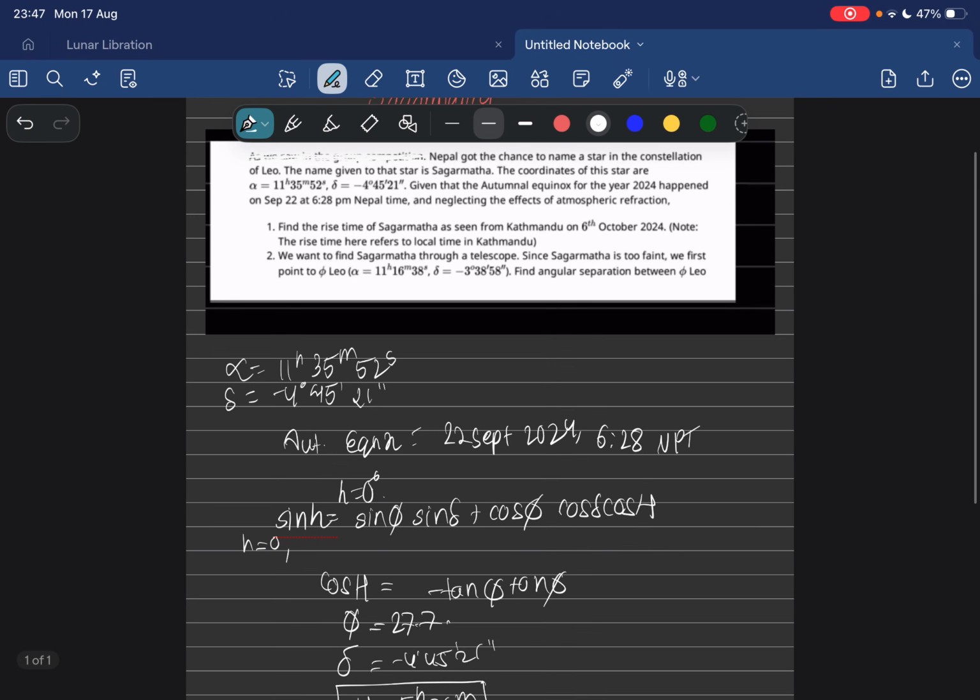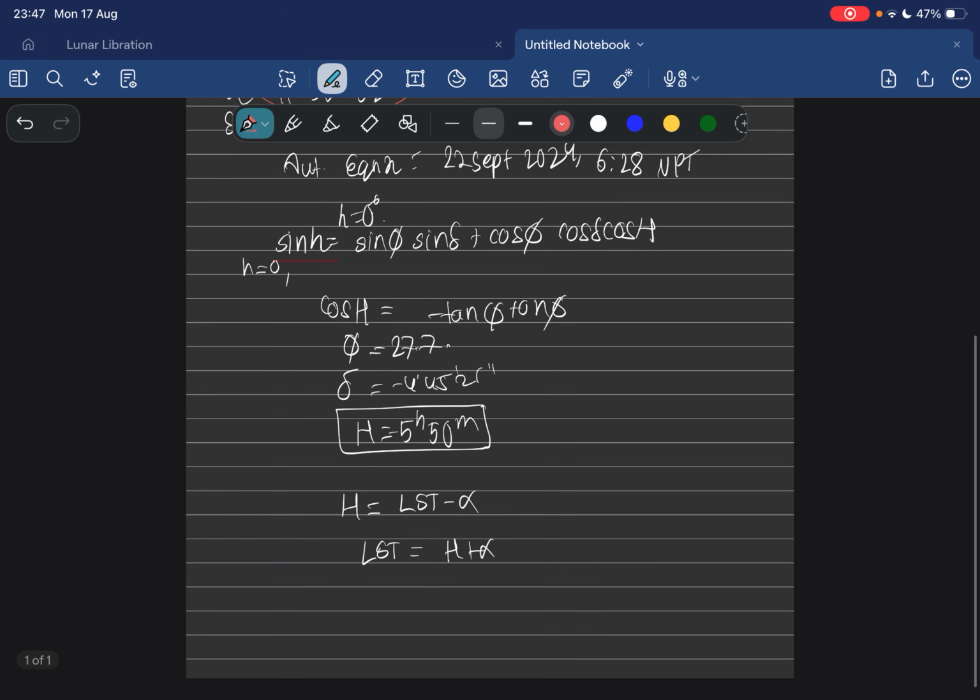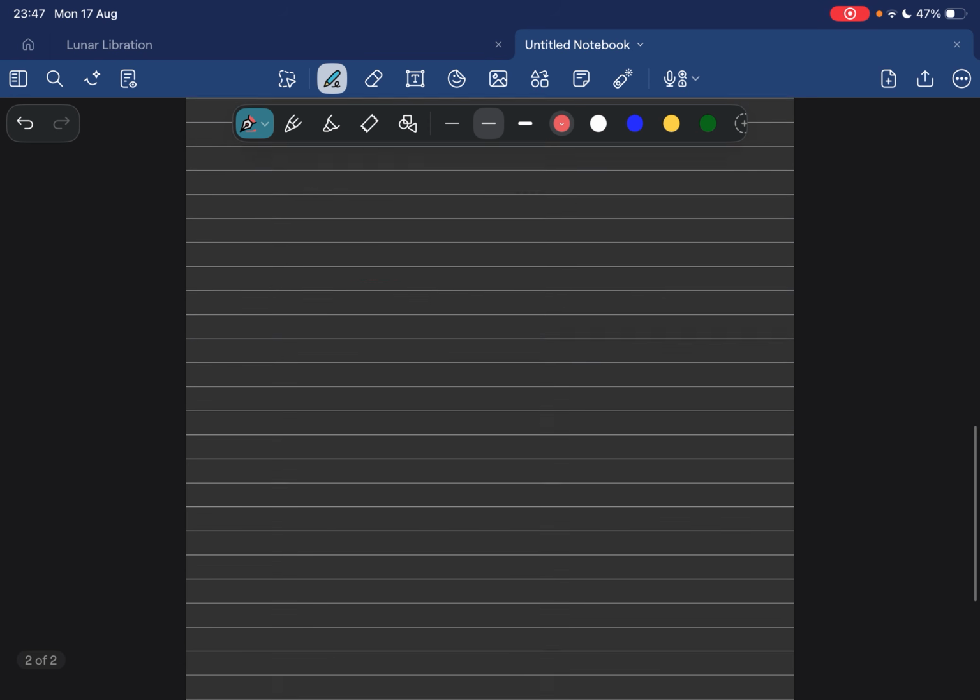So RA we have been given as this. When you add it, you will get 5 hour 45 minute and 53 seconds. So Sagarmatha rises whenever the local sidereal time in Kathmandu reaches 5 hour 45 minute 53 second.